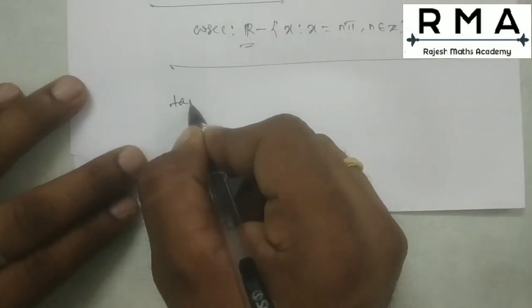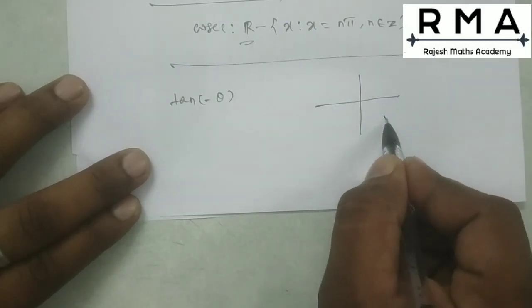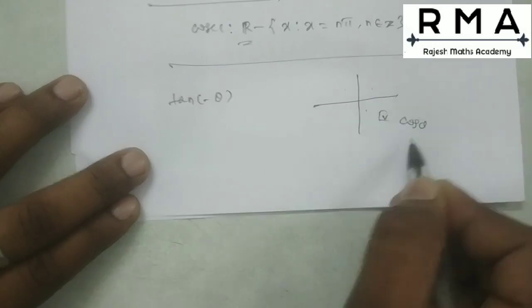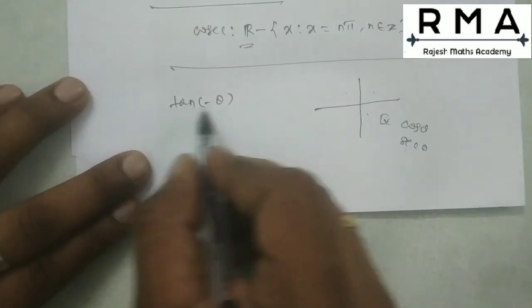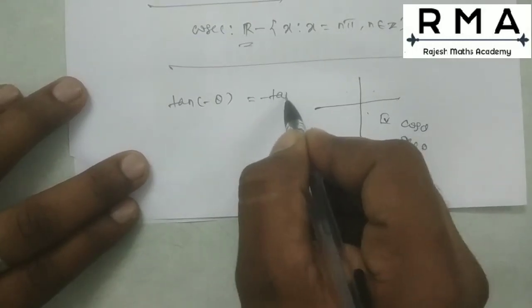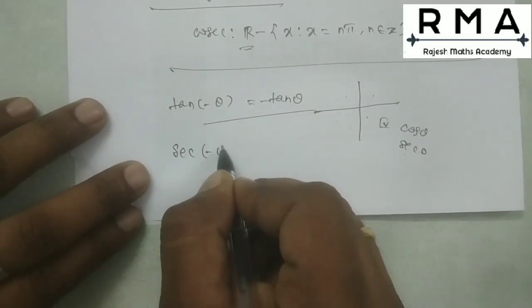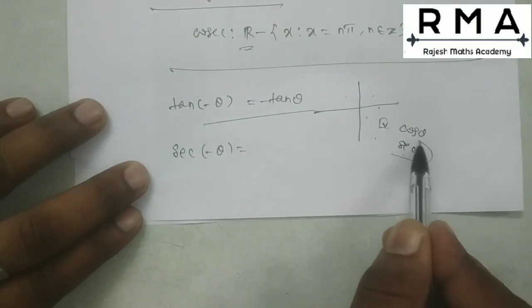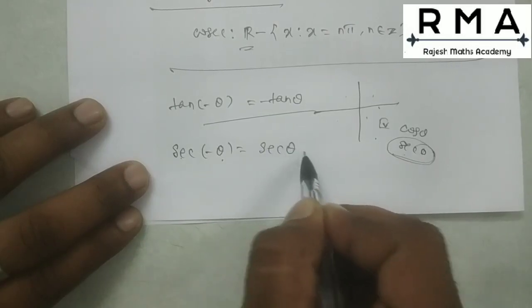Tan of minus theta: minus theta is in the fourth quadrant, where only cos theta and secant theta are positive, so tan of minus theta will be minus tan theta. One more example: secant of minus theta is also in the fourth quadrant, secant theta is positive, so secant of minus theta is secant theta.